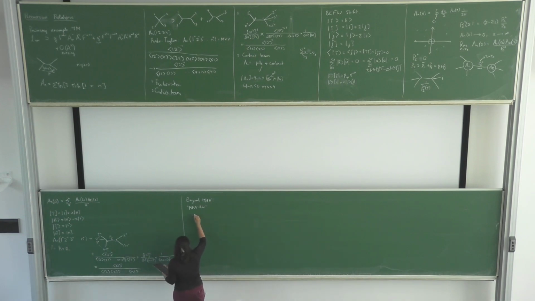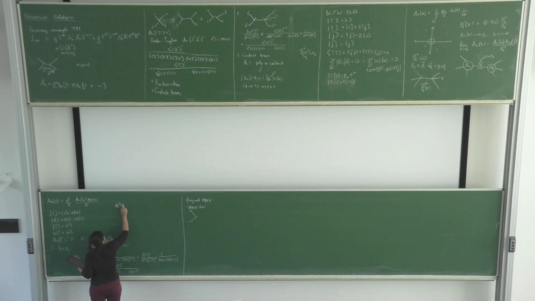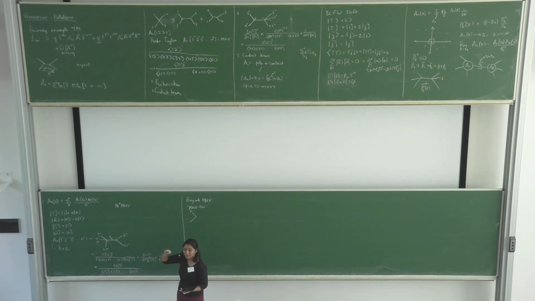So let's look at what this looks like for NMHV. So, okay. I should just say over here that when I say N^kMHV, so NMHV, N squared MHV, all of that is next to MHV, so next to maximally helicity violating amplitude, next to next to maximally, etc. Okay?